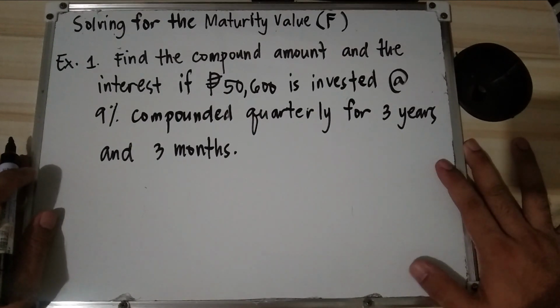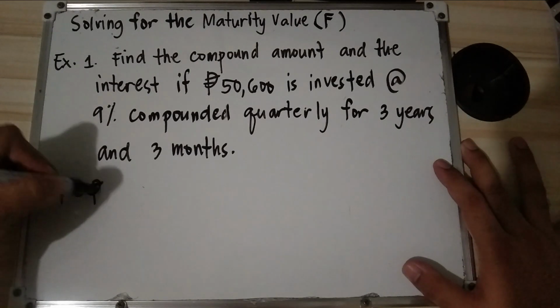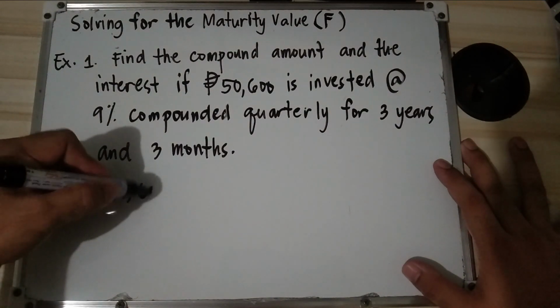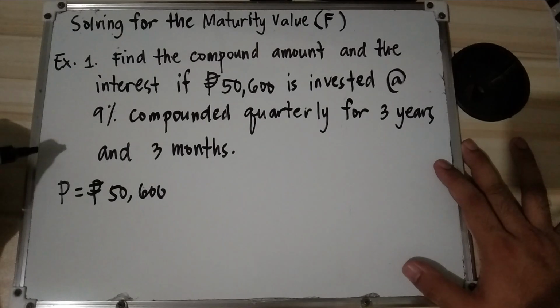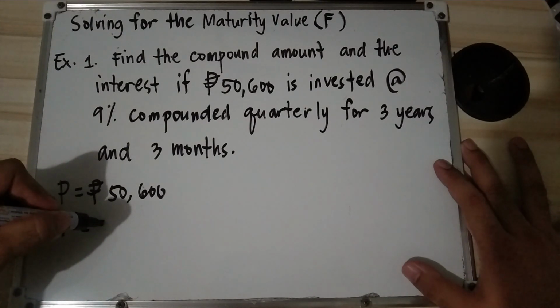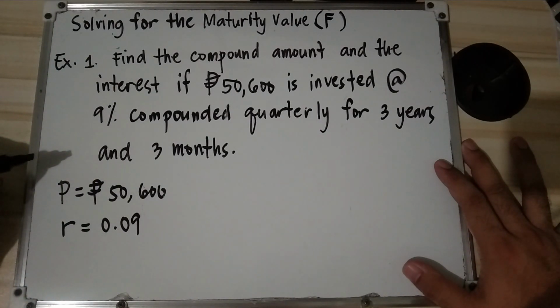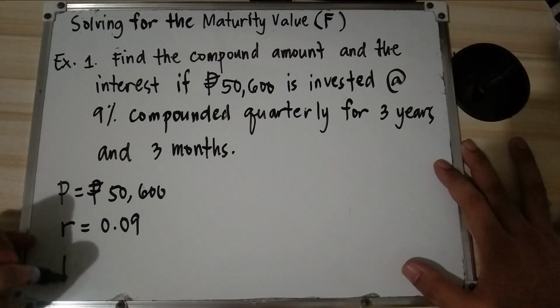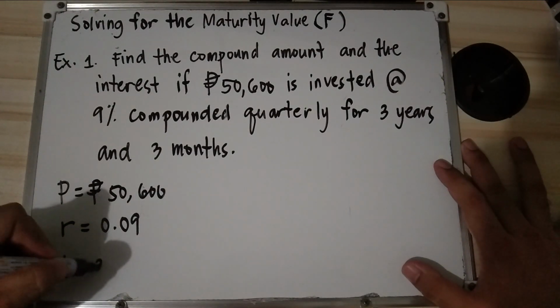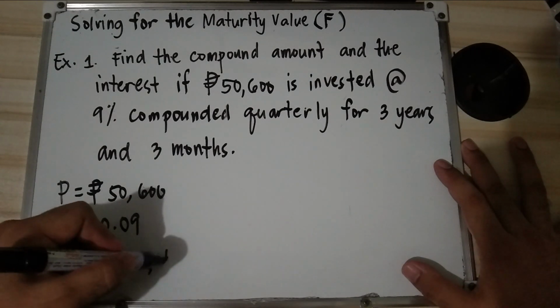So dun sa P or dun sa present value, so we have 50,600 pesos. And dun naman sa R, which is yung 9% or 0.09 decimal. At doon naman sa T, yung T natin dyan ay 3 years and 3 months. No? 3 years and 3 months.